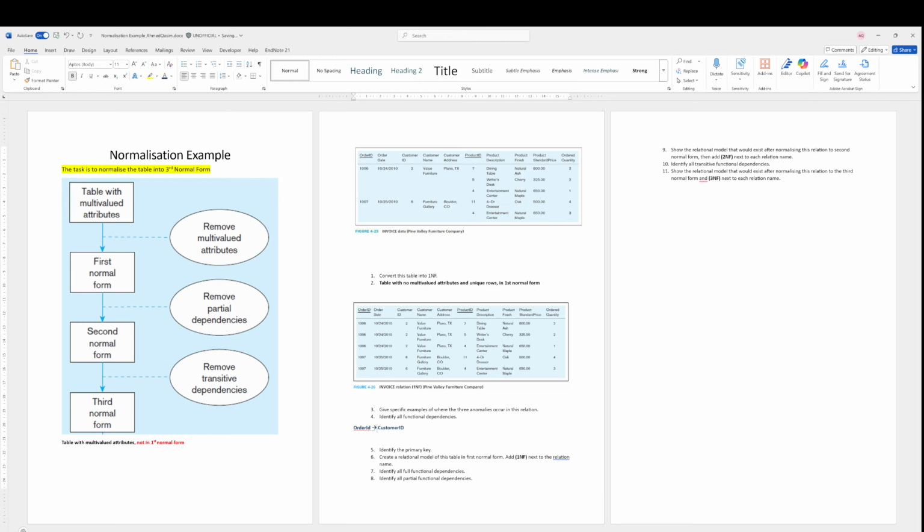It's first going to determine the order date and then customer ID, then customer name. It will also determine the customer address.